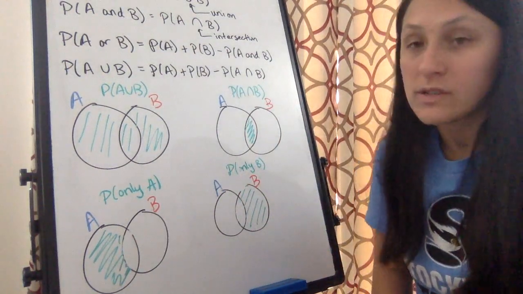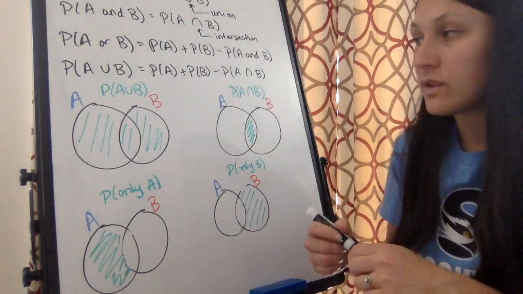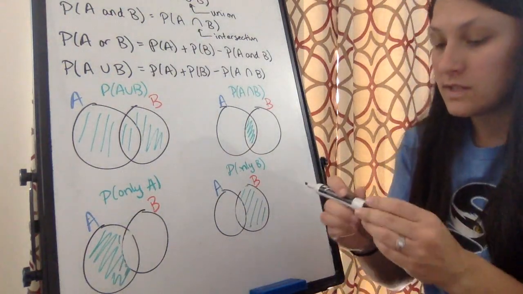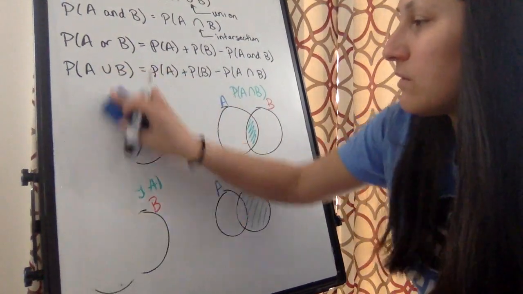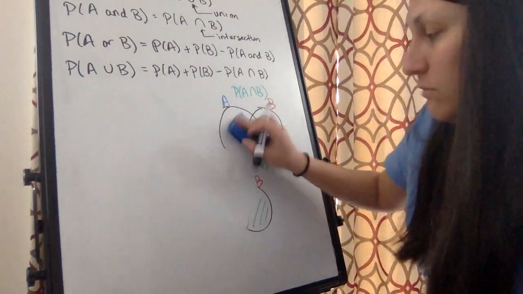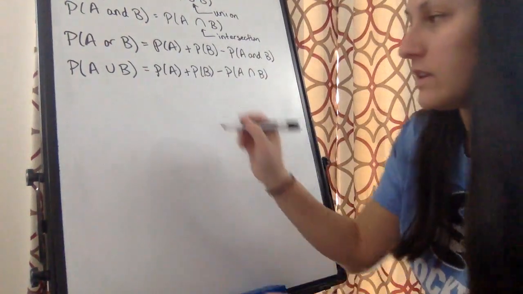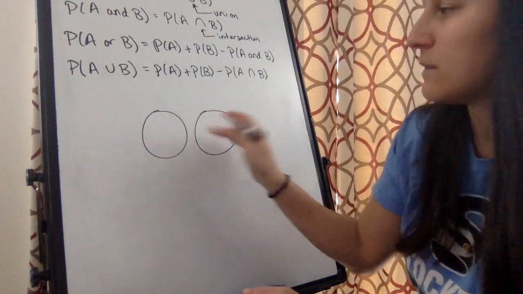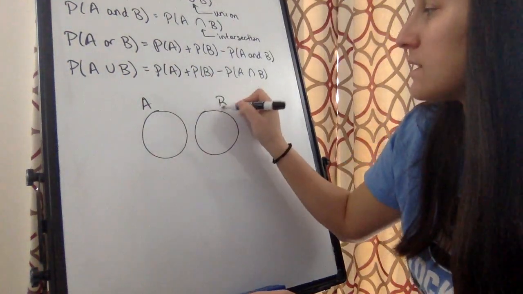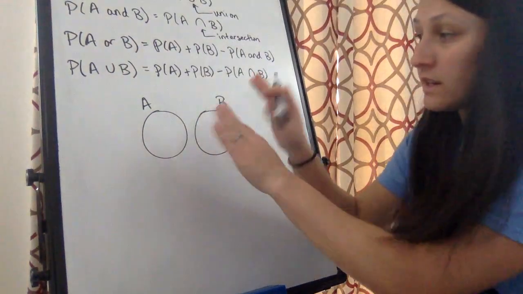So the first one we did was about dice, and we did what's the probability of rolling a 3 or a 7. So I just wanted to remind you that for that example, the probability of a 3 or a 7, it should be what's in both circles, like all the Venn diagram. But those two sets didn't have anything in common, so those sets look like this. The probability of rolling a 3 or the probability of rolling a 7, they didn't have anything in common.